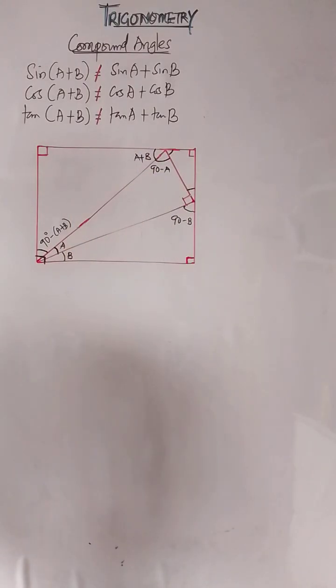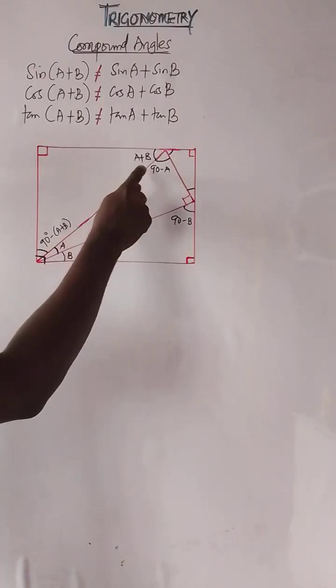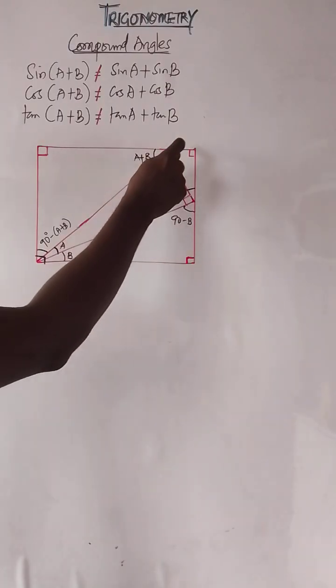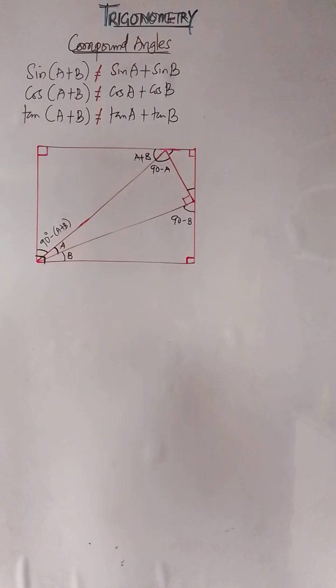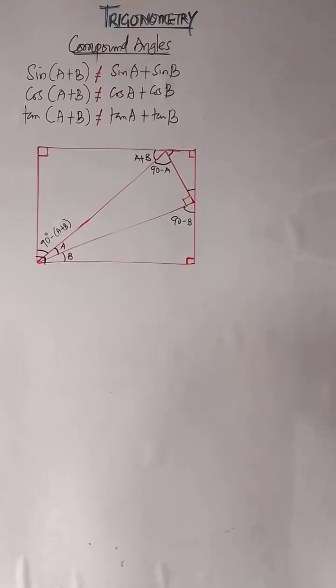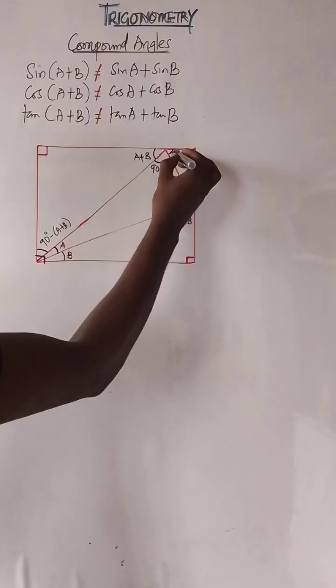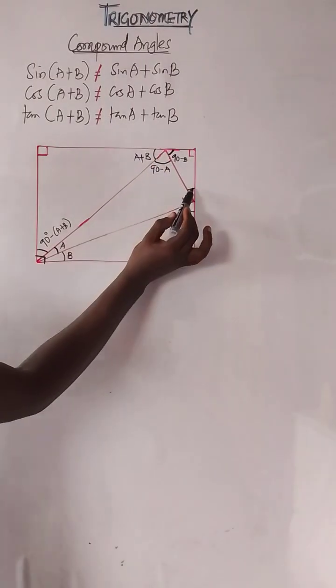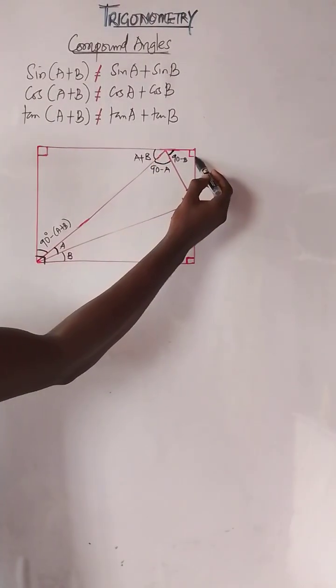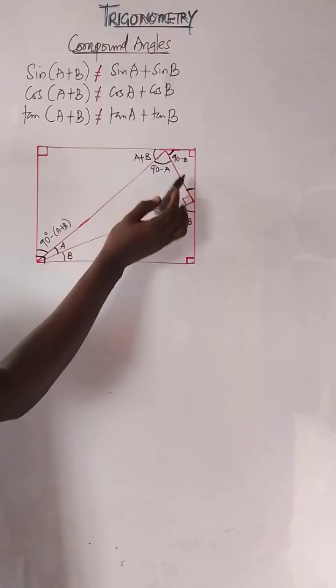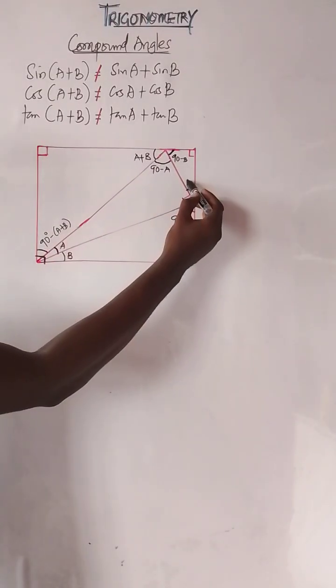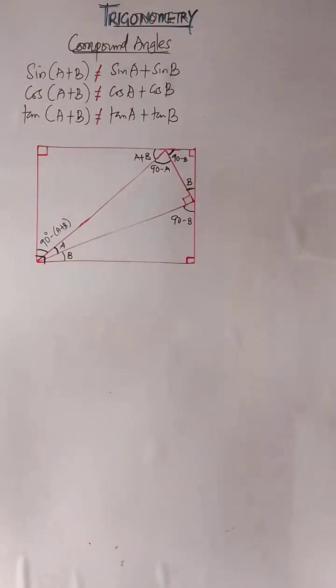So if I remove A plus B, 90 minus A, from 180, we are going to get the angle here, which is going to be 90 minus B. This one is 90 minus B. Then since this one is 90, if we remove 90 minus B from 90, we get this, which is going to be B, using the sum of angles in a triangle. So we've labeled all the angles.